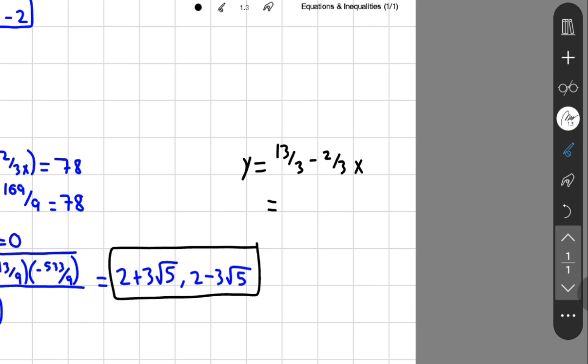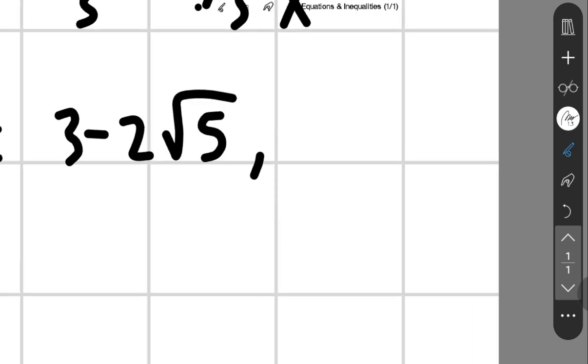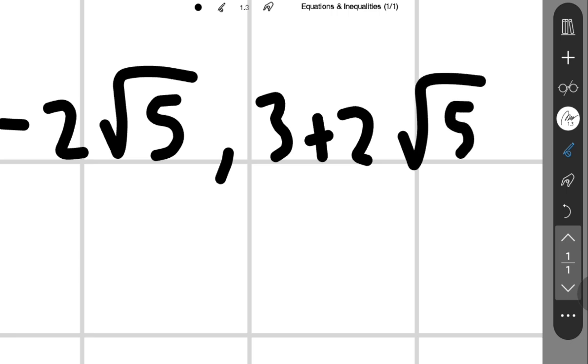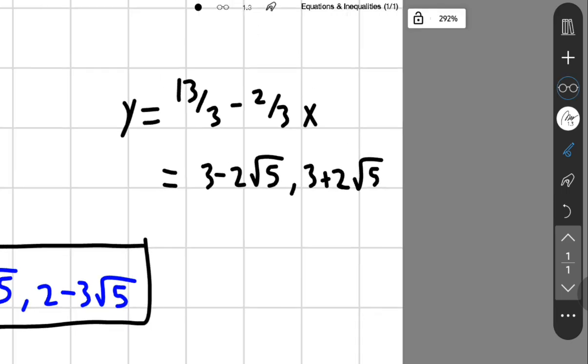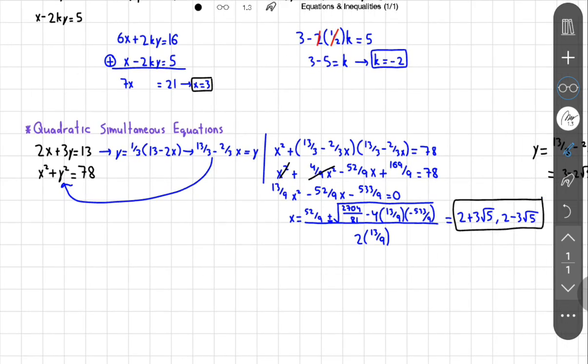So we have 3 minus 2 root 5. And let me calculate the other possibility. 3 plus 2 root 5. Okay, well, I don't know why I'm using a calculator to get the other answer. So yeah, these are the answers for this quadratic simultaneous equation.